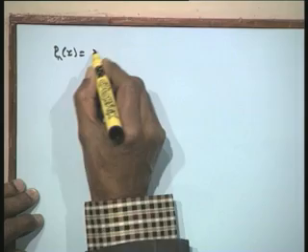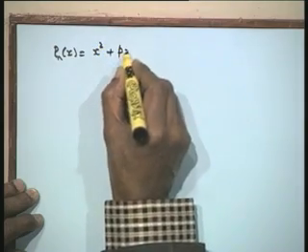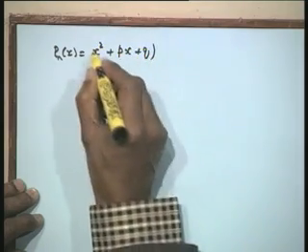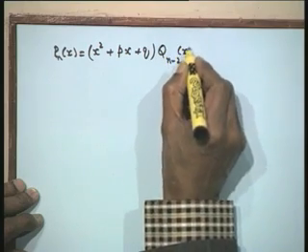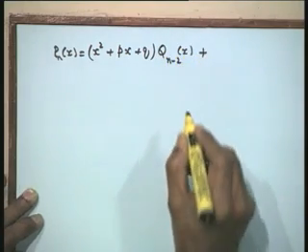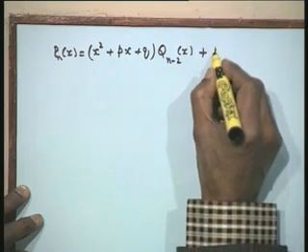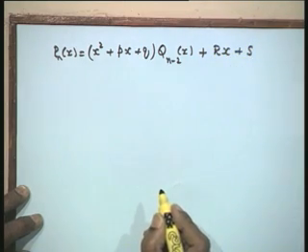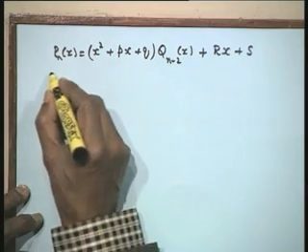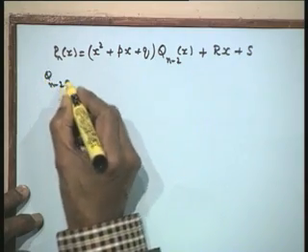Therefore I can write down p n x as x squared plus px plus q, which is the quadratic factor that we want to extract, into a polynomial of degree n minus 2 in x, plus a linear polynomial as the remainder. It will be of the form r x plus s, where q n minus 2 is a polynomial of degree n minus 2.